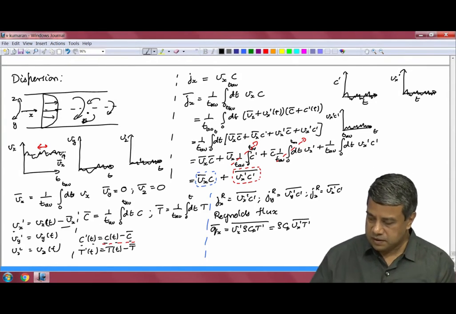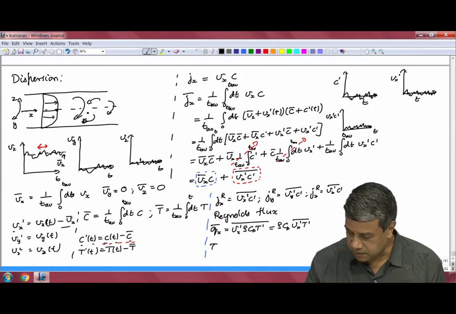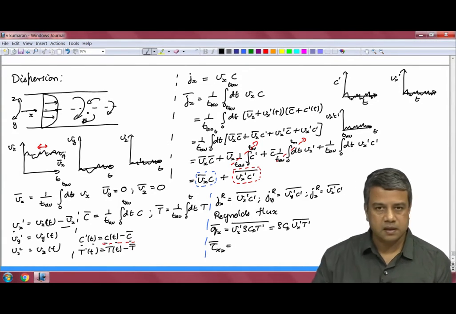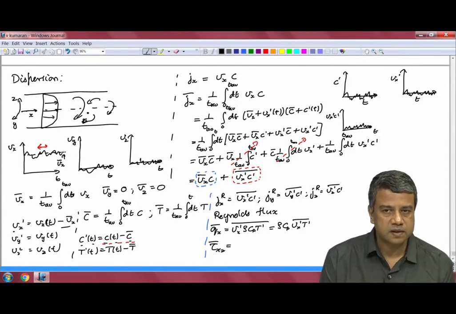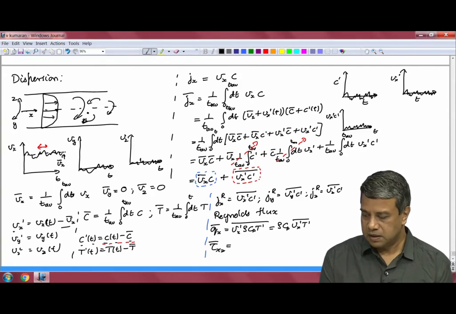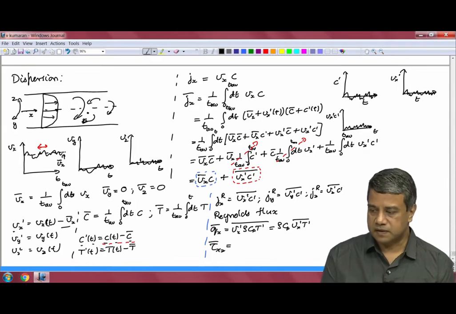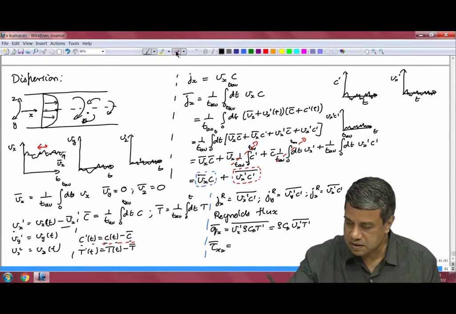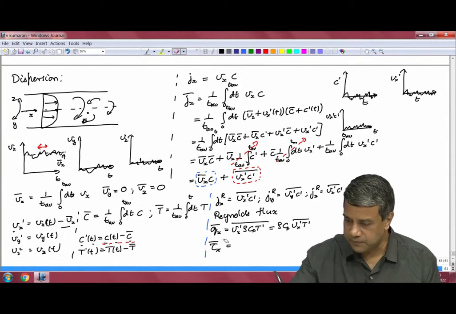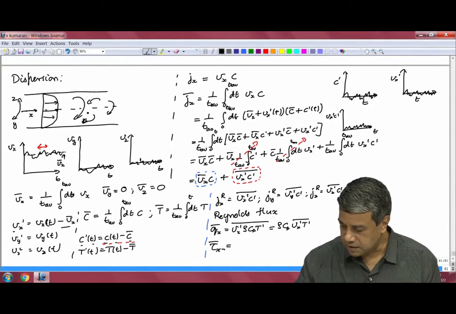And the Reynolds stress for momentum is equal to the momentum density fluctuations times the fluid velocity fluctuations. In this case, note that x is the direction of momentum, z is the direction of transport.